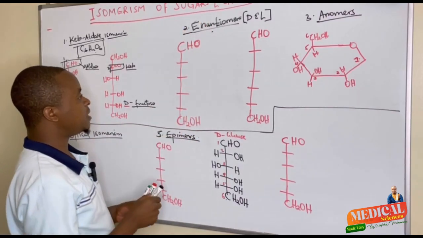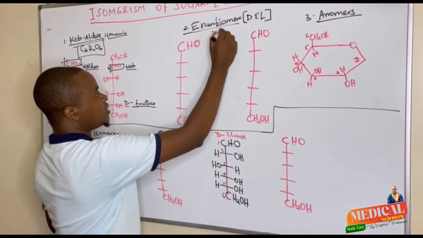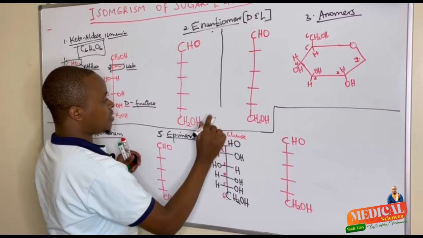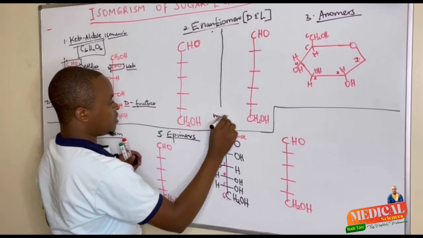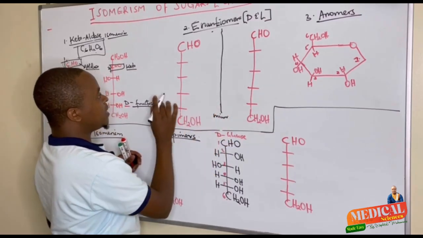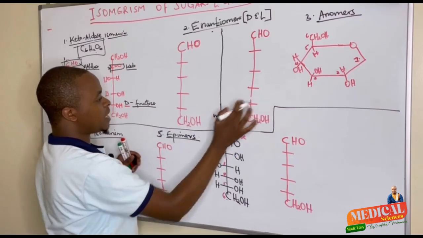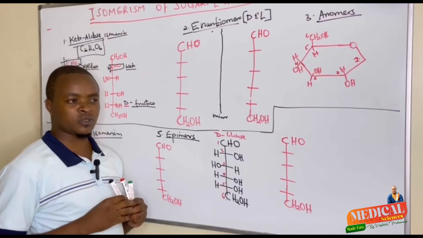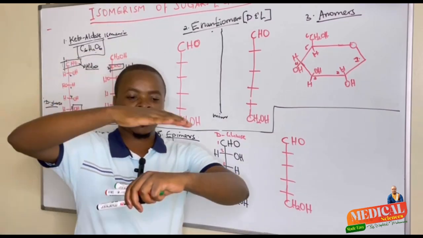If I put a mirror in the middle, these two compounds become mirror images of each other, but are not superimposable, or they cannot lie on each other.